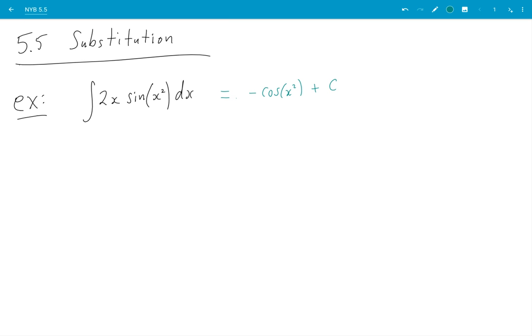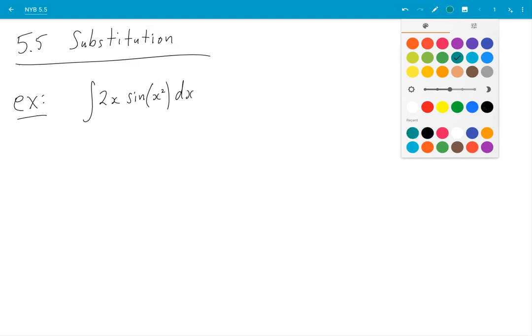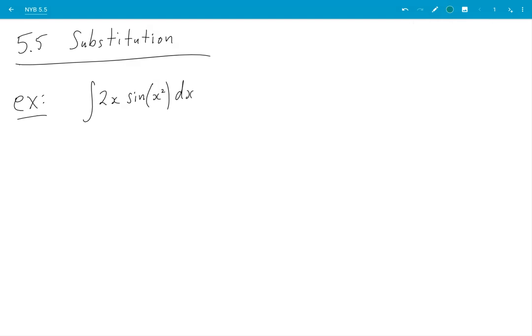But that's not a really systematic way of doing this. So we're going to develop a systematic technique to reverse chain rule. I'm going to go through some examples and teach that way.